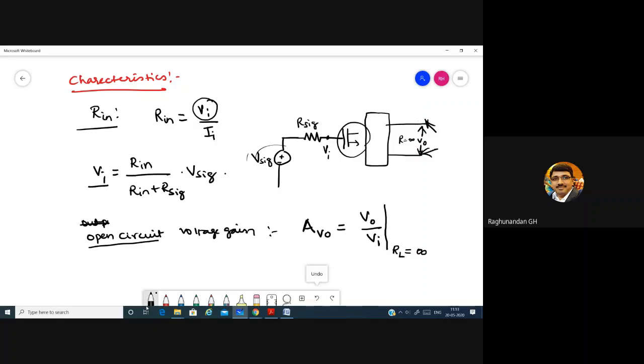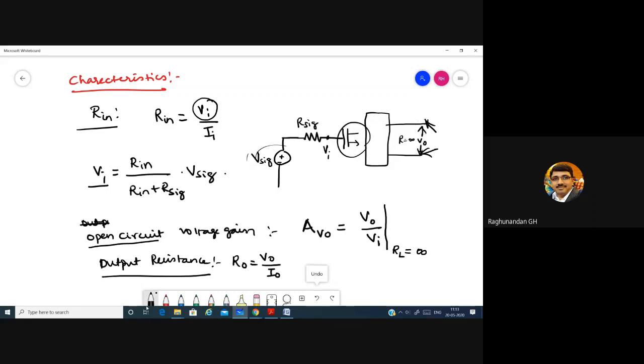In the same way, we have output resistance. The output resistance is R naught, and this output resistance R naught can be given as V naught by I naught. So what is I naught?